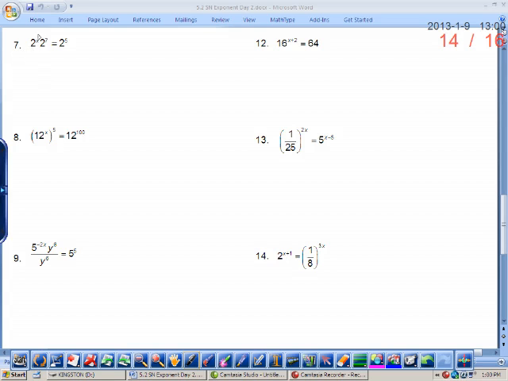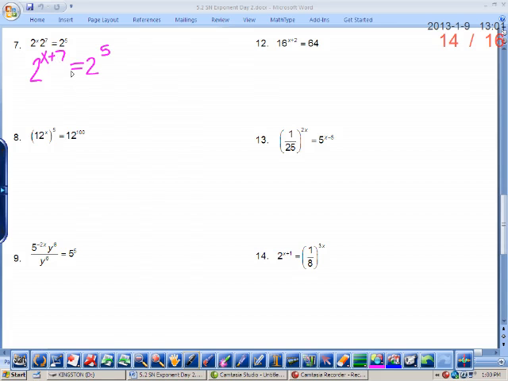How do I combine 2 to the x times 2 to the 7? It's 2 to the x plus 7. So 2 to the x plus 7 is equal to 2 to the 5th.